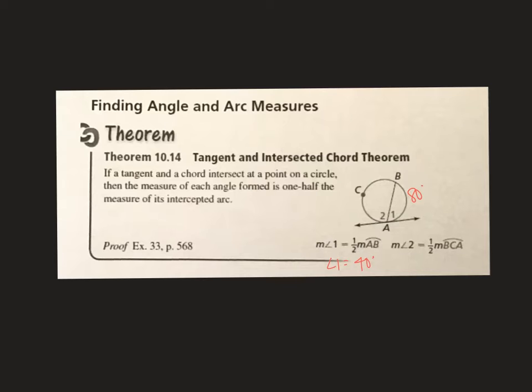And if the arc ACB was whatever would be left, 280 degrees, then angle 2 would be half of that, or 140 degrees. So it's just half of the intercepted arc.